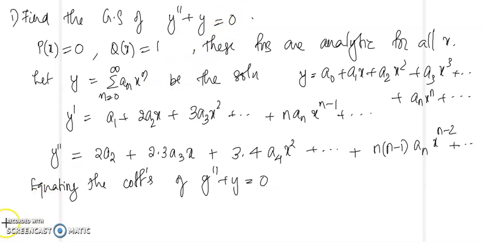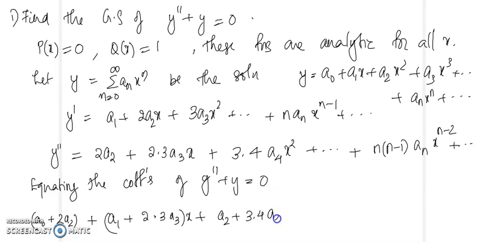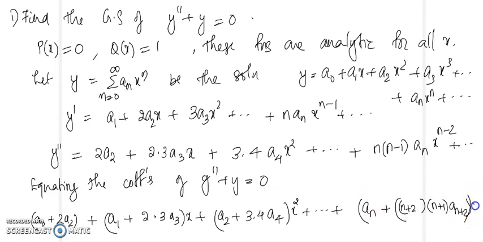That is going to be a0 plus 2a2, plus a1 plus 2 into 3 a3x, plus a2 plus 3 into 4 a4 x square, plus etc. The coefficient of x raised to n will be an plus n plus 2 into n plus 1 a n plus 2. So this will be equal to 0.